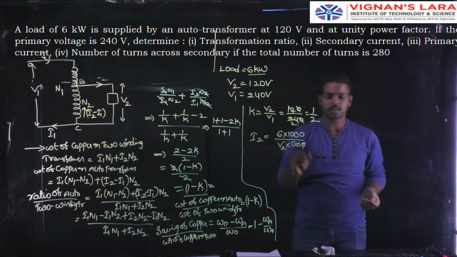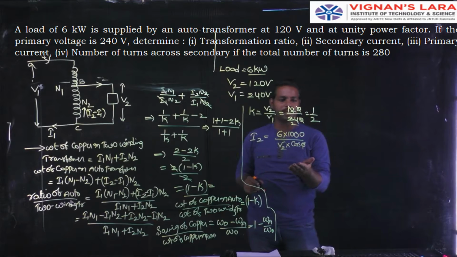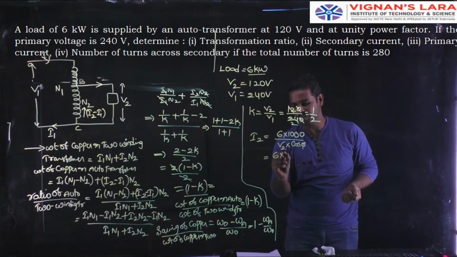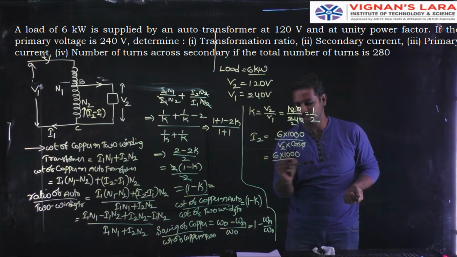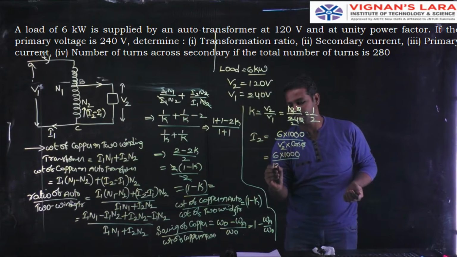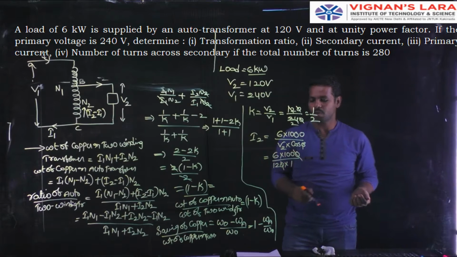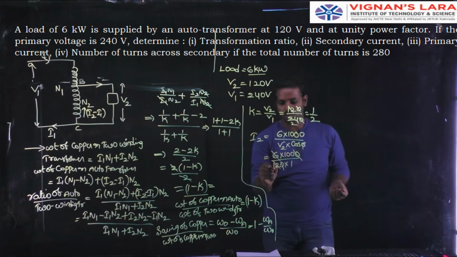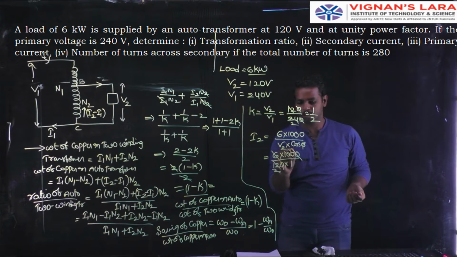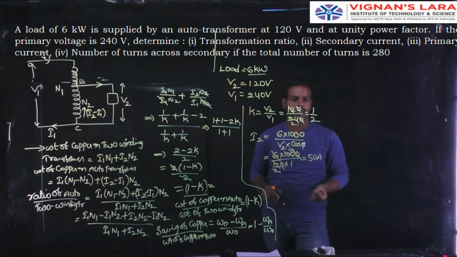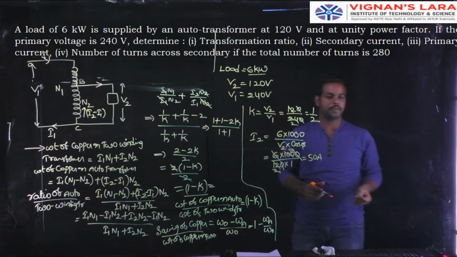The load power factor is equal to unity, so cos phi is equal to 1. So 6 into 1000 divided by 120 into 1 is equal to 50 amperes. The secondary current is equal to 50 amperes.